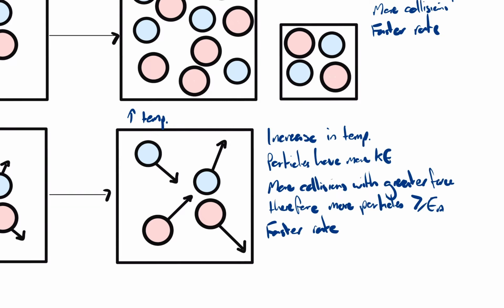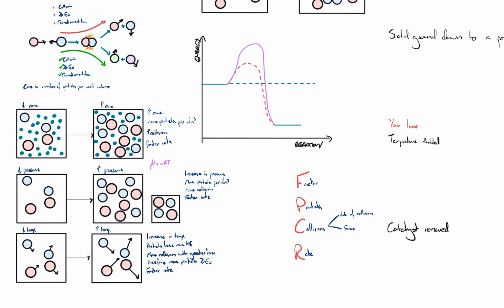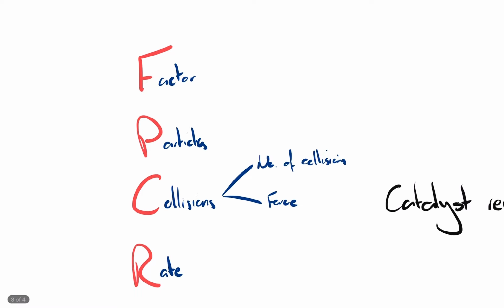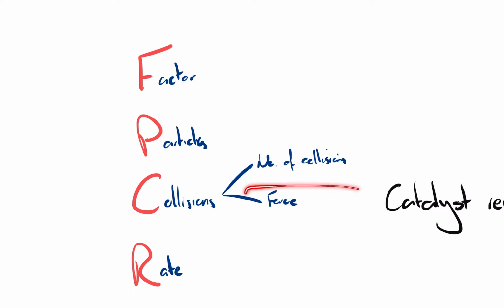And worth mentioning here, because both of these things are affected in terms of collisions when we increase the temperature. If we doubled the temperature, the rate would be much more than doubled, because both of these things are increasing, both the number of collisions and the force of those collisions.